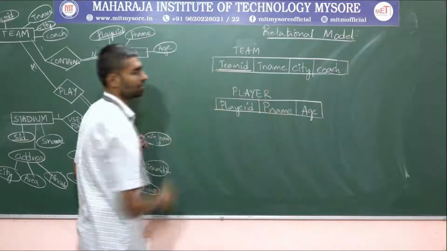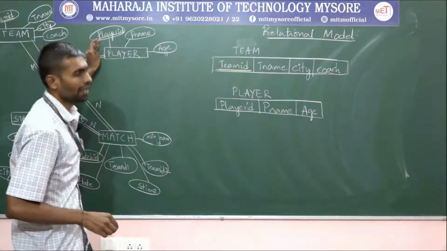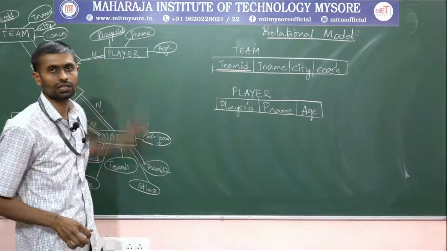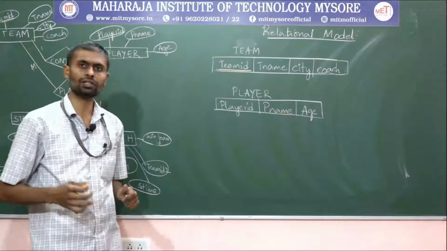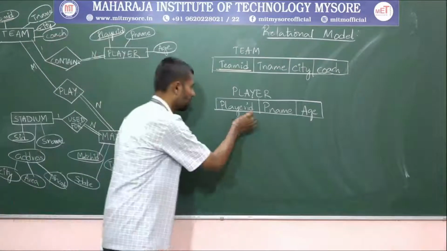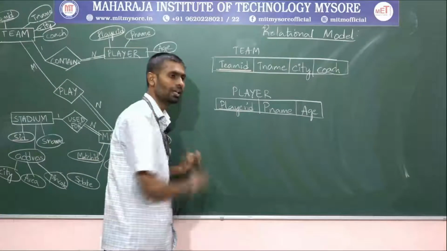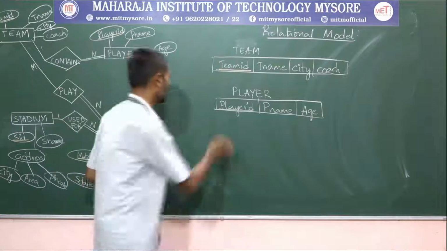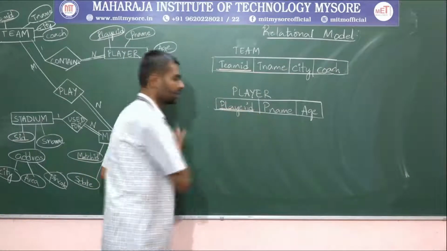Yes, I have recorded. What next? Here the player ID is an attribute which is used to identify each entity of this player entity type, right? So here player ID is to be considered as a key attribute. Let me underline it. Yes, fine, done.